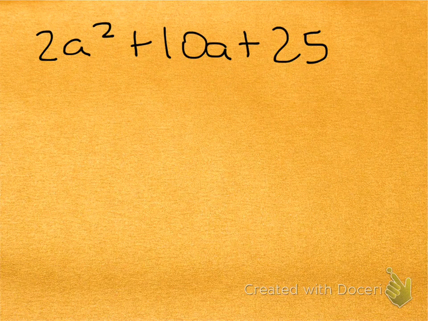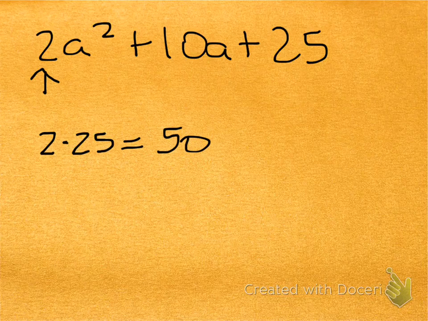Here's another one. This one has 2a squared plus 10a plus 25. Since this is not a perfect square for both the first and the third terms, we need to factor this like we were doing where we had an a value as our leading coefficient, so we had a number other than 1. And what we did for that one is we multiplied the 2 times the 25, and we get factors of 50.